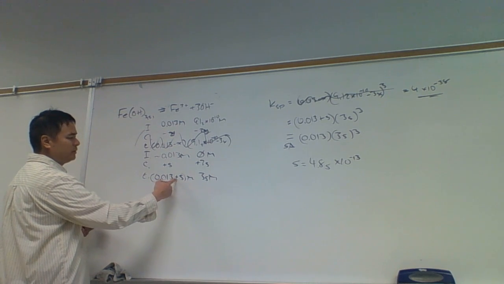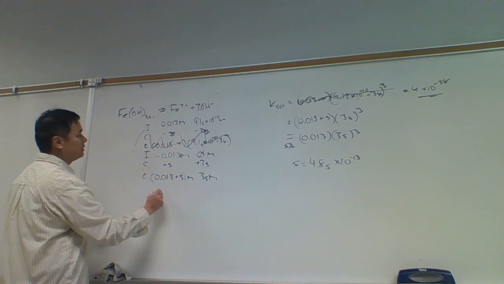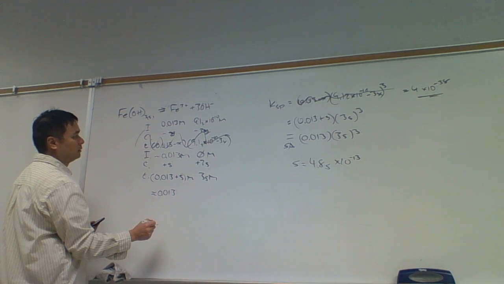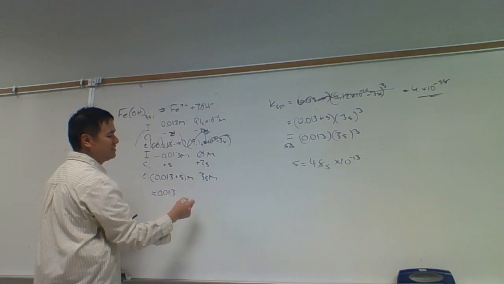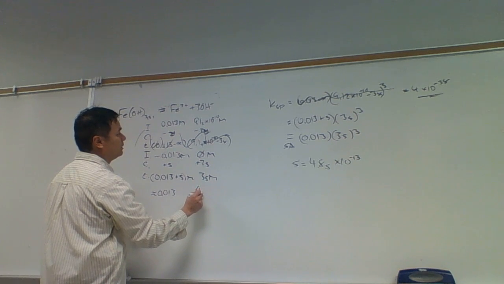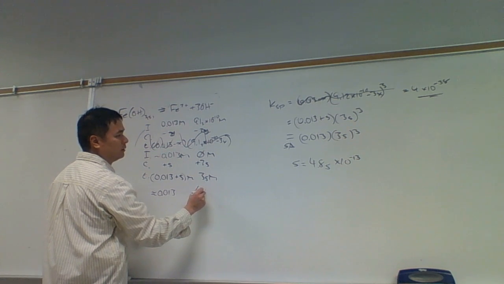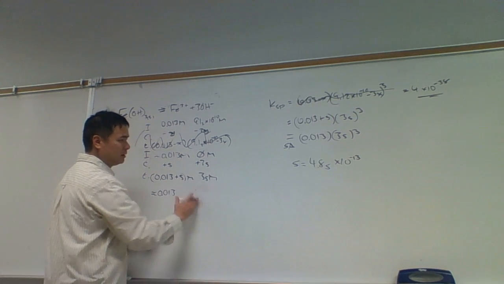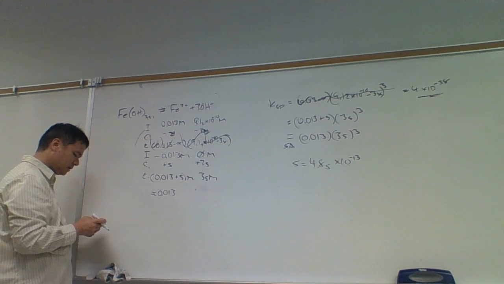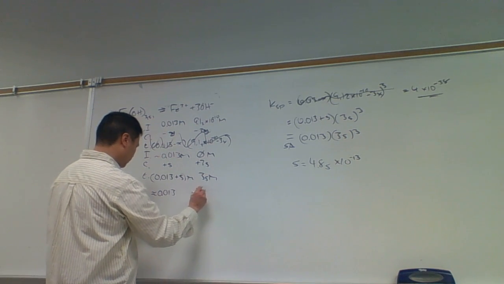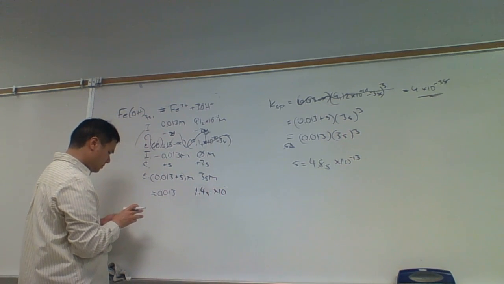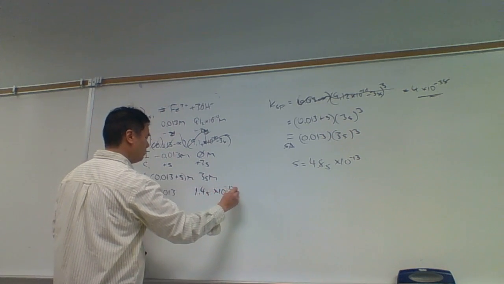So 0.013 plus S is going to be about 0.013. And over here, this is going to be about 4.85 times 10 to the minus 13 times 3, which equals 1.45 times 10 to the minus 12 molar.